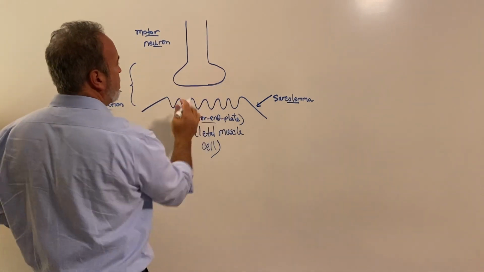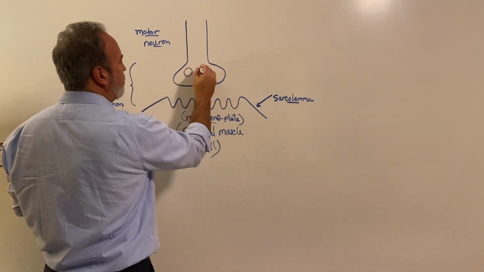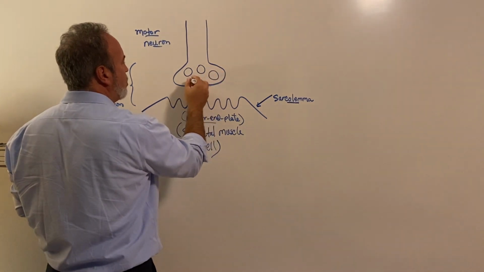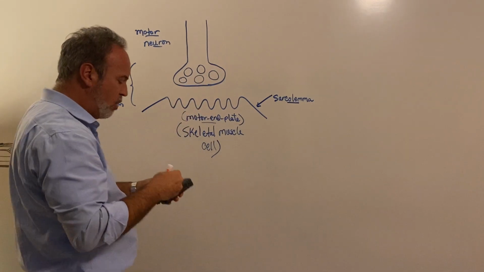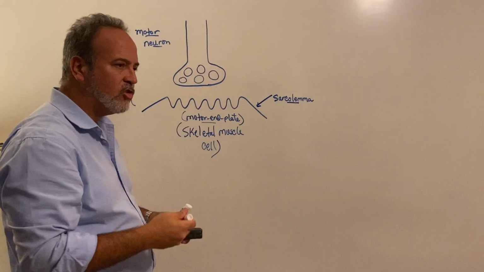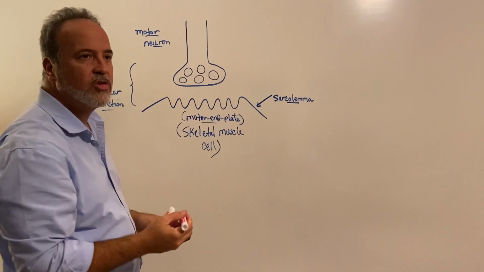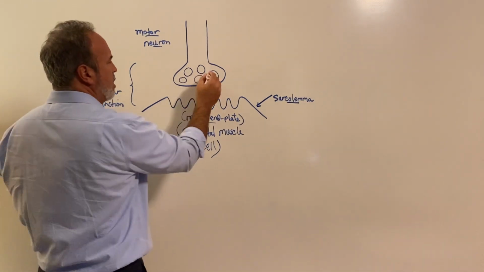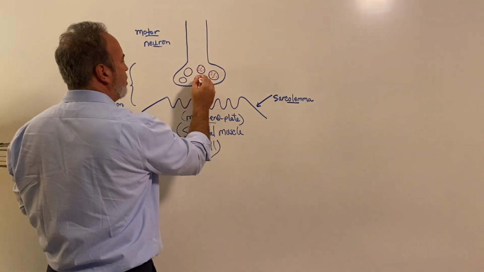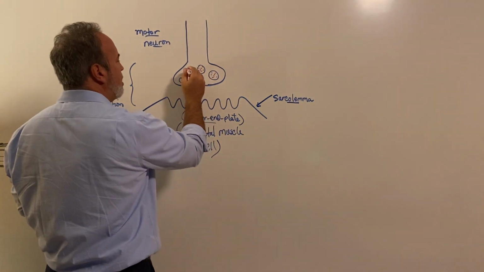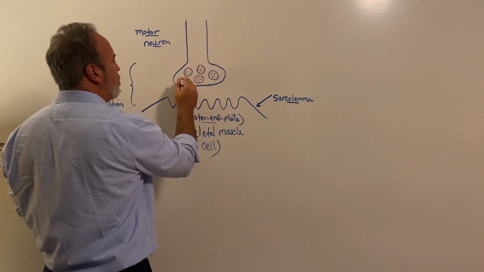So on this end here, we're going to have vesicles. Inside these vesicles, we have a neurotransmitter substance, and that neurotransmitter substance is called acetylcholine. I'm going to put little dots in here to represent them. So this is acetylcholine that is being stored in these vesicles.